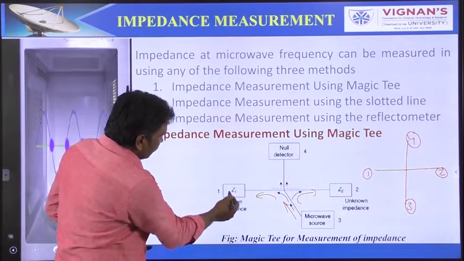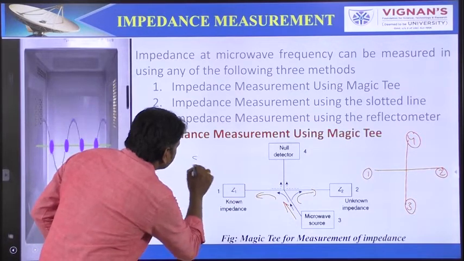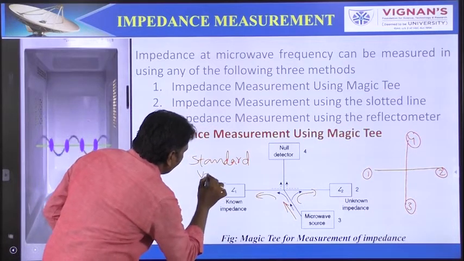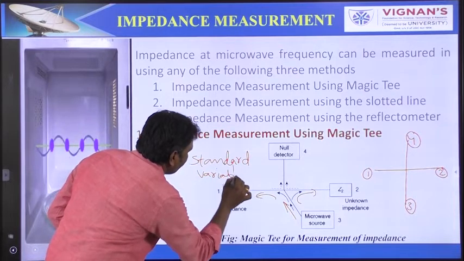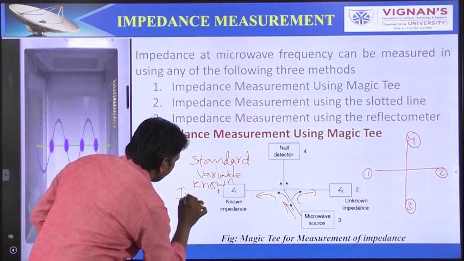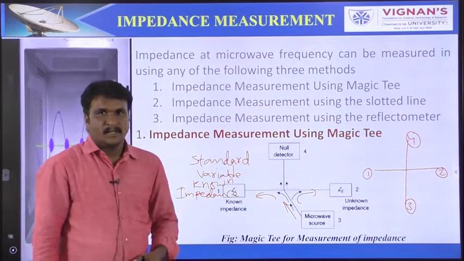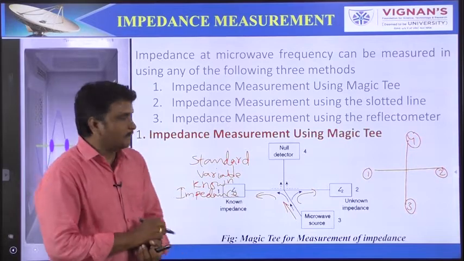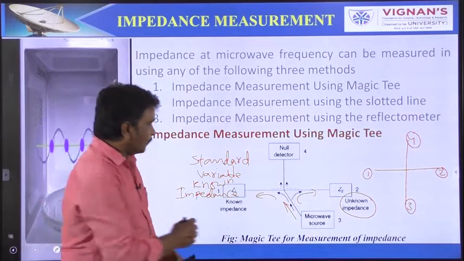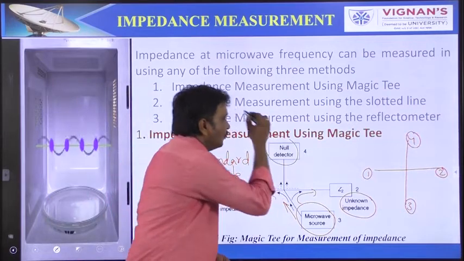Here your port 1 is connected to the standard variable known impedance and port 2 is connected to the unknown impedance. Port 3 is connected to the microwave source and port 4 is connected to the null detector.